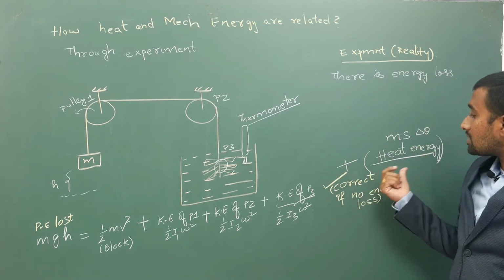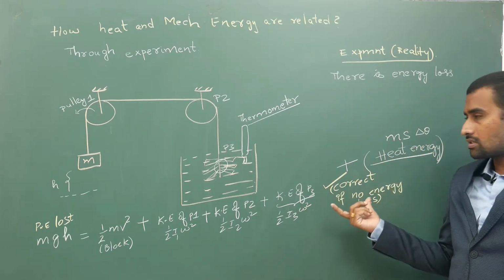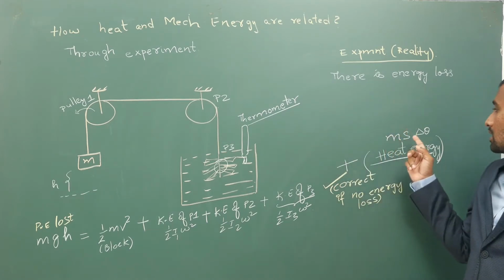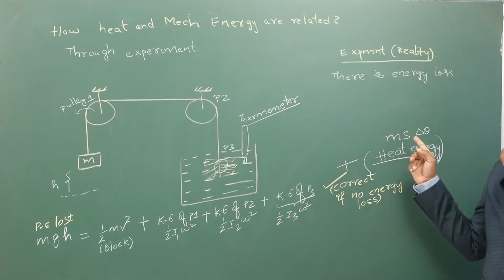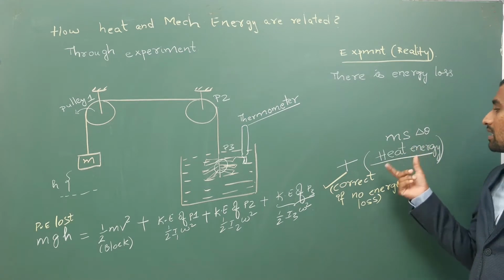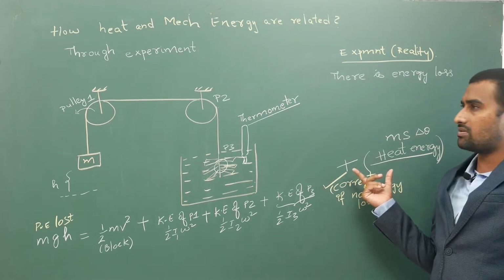If this expression is coming like this, you can measure the temperature difference, where S is specific heat and M is mass. We will see about it later, but this is your experimental observation.